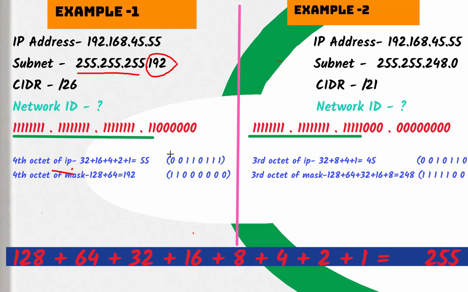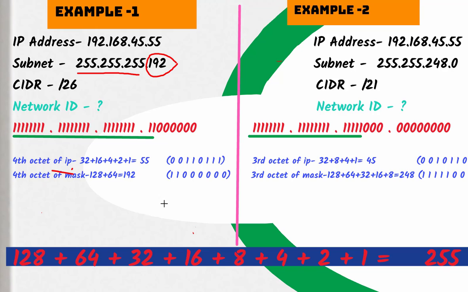So the first one is 0, then the second one is 0, the third one is 1, then 16 means the fourth one is 1, then 8 I have not taken, so for 8 it is 0, 4 it is 1, 2 it is 1, and 1 it is 1. Now the 4th octet of the mask is 192, that means 128 plus 64, so the first and second are 1 1, and the rest of the part is 0.